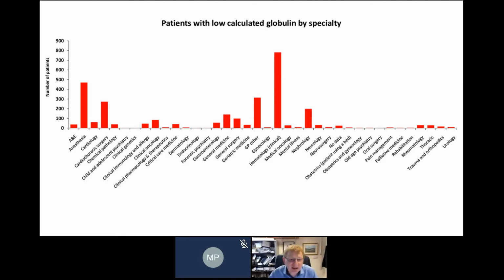And you can see in the middle that, perhaps not surprisingly, hematology, so hematological malignancies, but actually quite a few other specialties came up as well, such as primary care, general medicine, general surgery, rheumatology, neurology, nephrology, clinical oncology, and then some like anesthesia or cardiothoracic surgery, where that might more reflect some of those perturbations because of fluid that we talked about earlier.